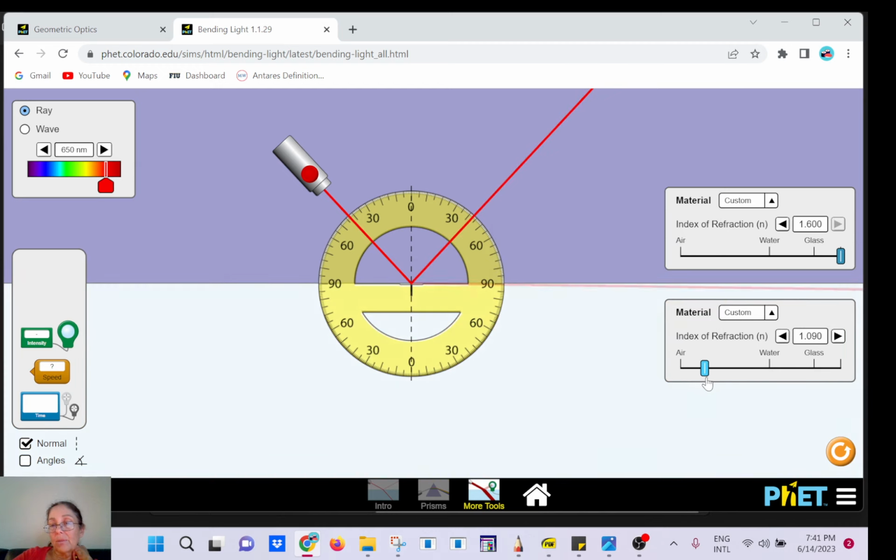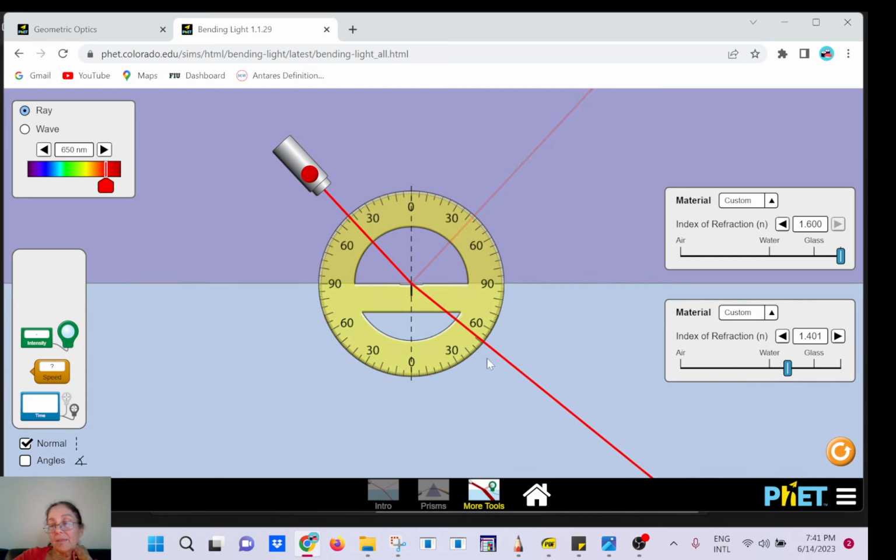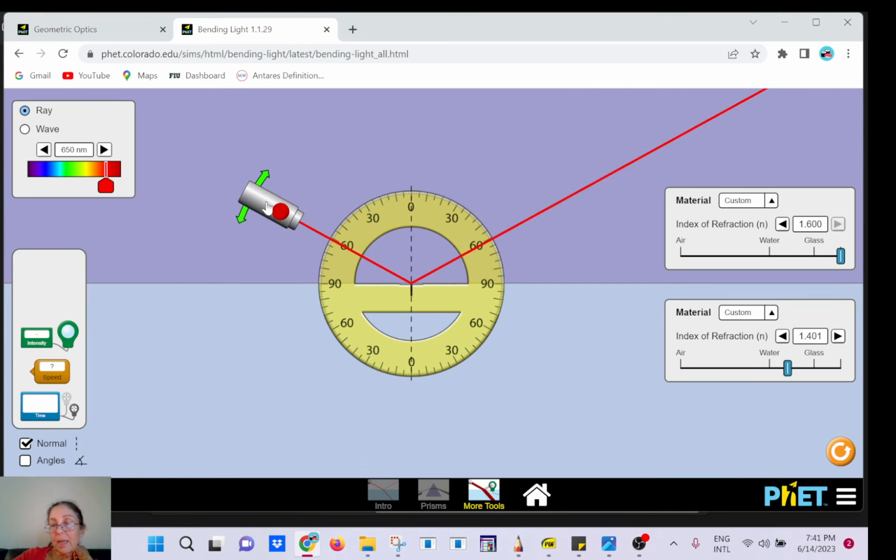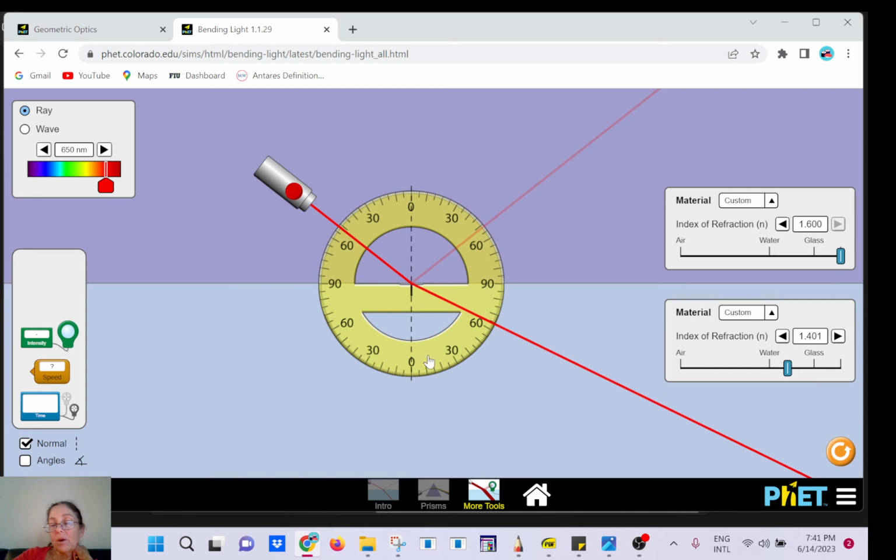So you have more refraction. And if I put water, you have less refraction. So the critical angle will be larger and the angle of refraction will be smaller. So if you have less contrast between those two materials, the critical angle will be larger, and the angle of refraction will be smaller.